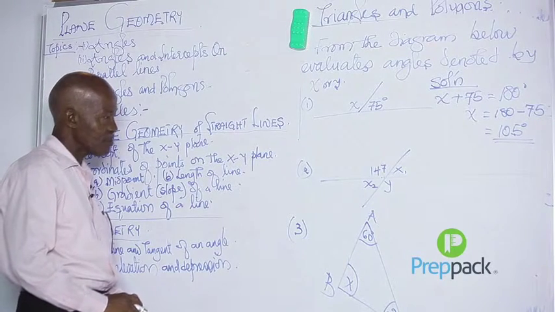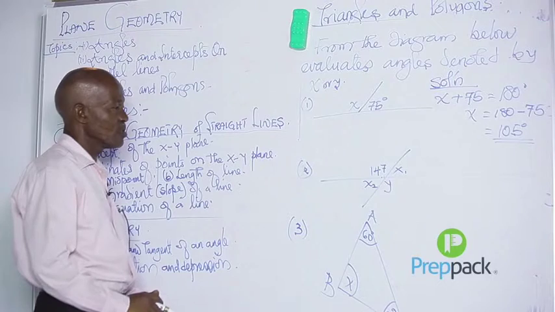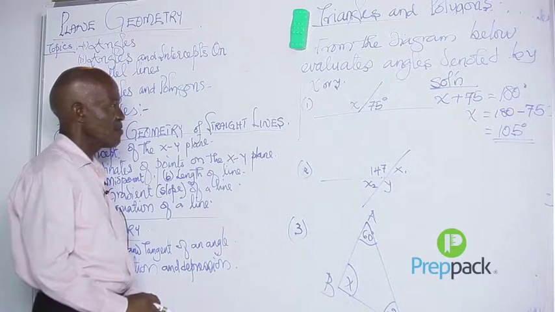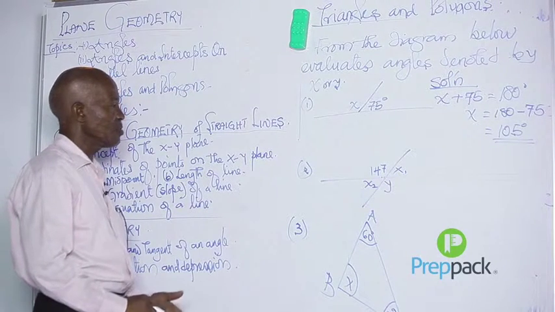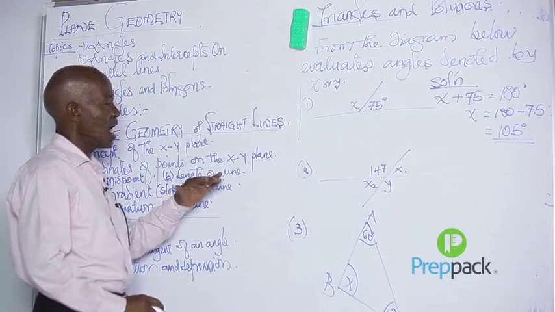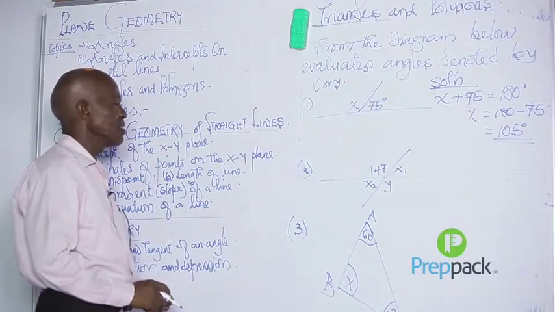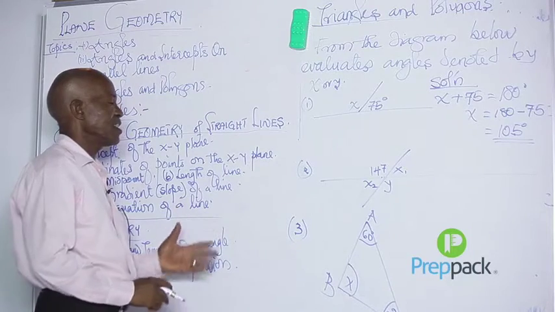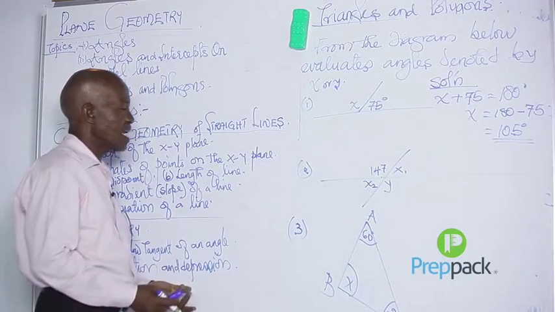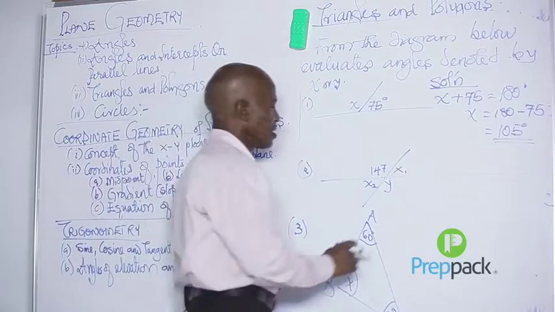Now, on number 2, we have the issue of angle on a straight line, and vertically opposite angles. Okay?